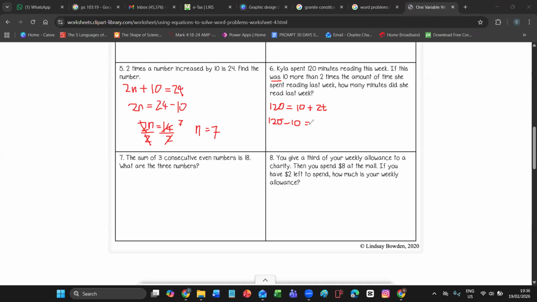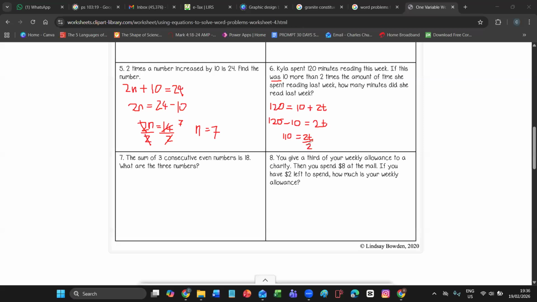And that should leave us with 110 equals 2t. So we'll divide both sides by 2 to find t, because that's what we're looking for.